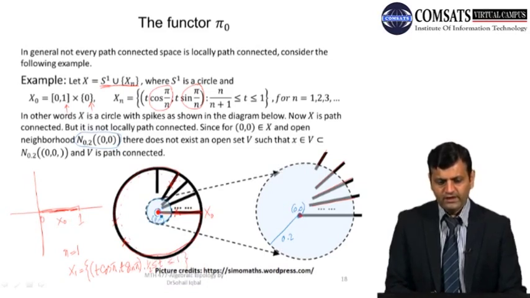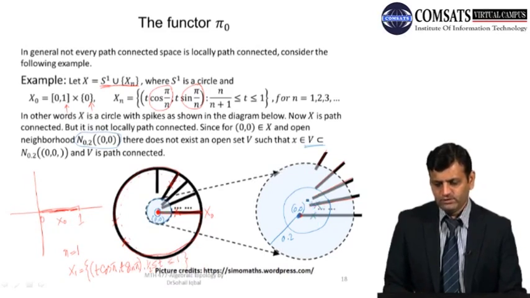Now we are going to find an open set which is contained in this neighborhood and which is path connected. Of course, we can't find any open set V which is path connected. Let's say we get much closer to this point, but still it is not path connected, because there is no path from this point to this point, for example.